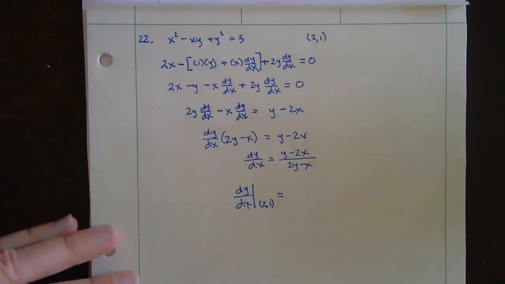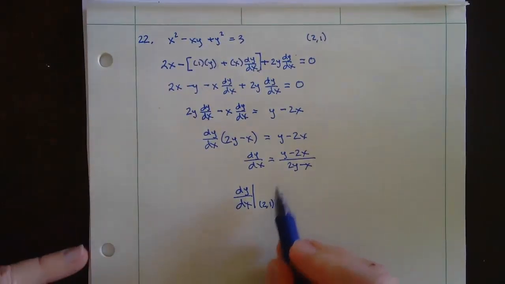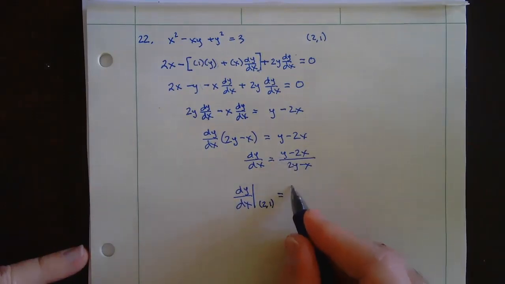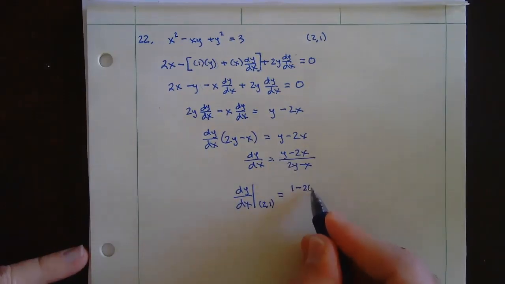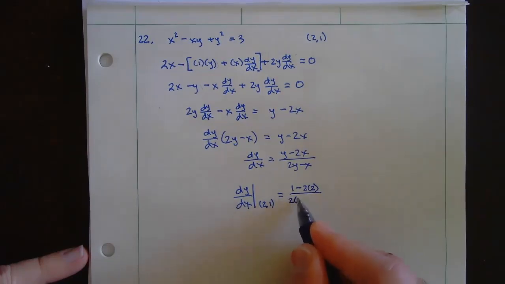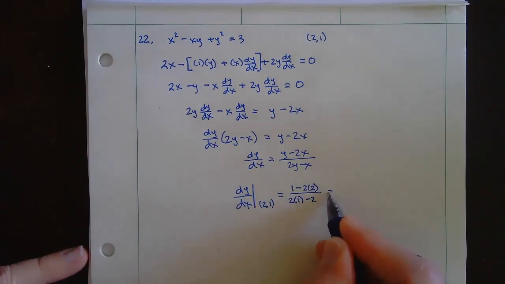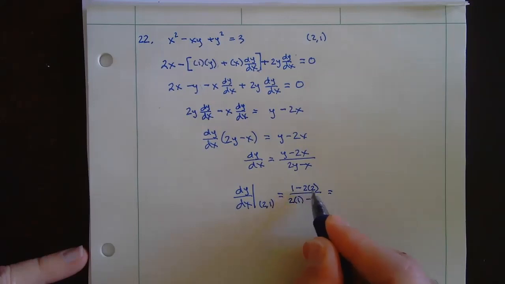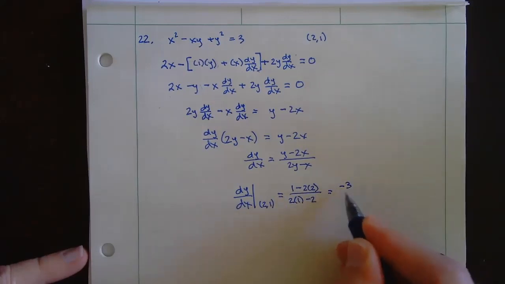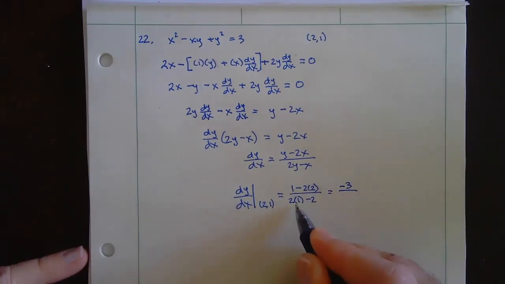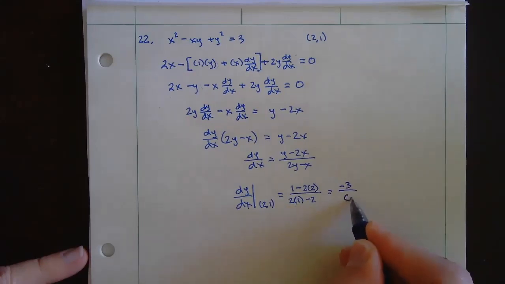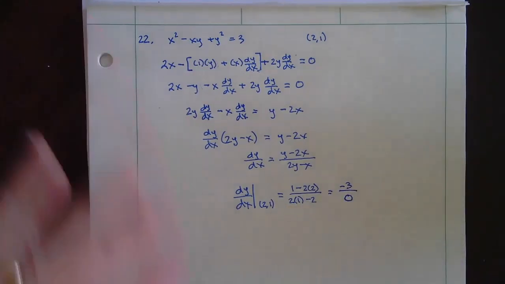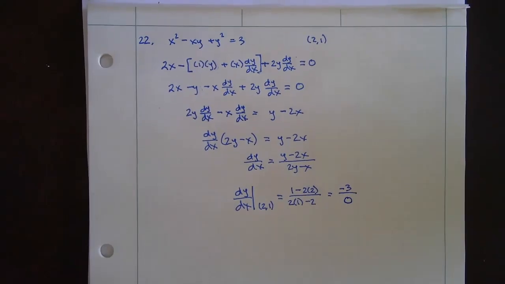So my y is 1, so that'd be 1 minus 2 times my x, which is 2, over 2 times my y, which is 1, minus 2, right? And so this would be 1 minus 4, which gives you negative 3, over 2 minus 2, which gives you 0. Okay, so which of these is true?